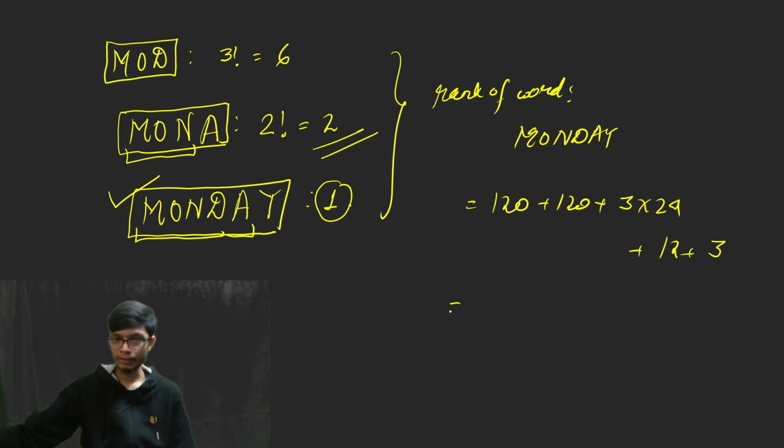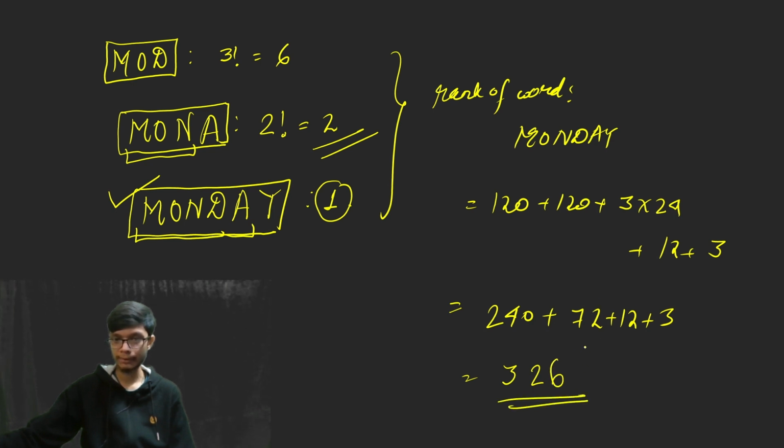If you sum up, this is 240 plus 72 plus 12 plus 3, and if you solve, this will be 306.